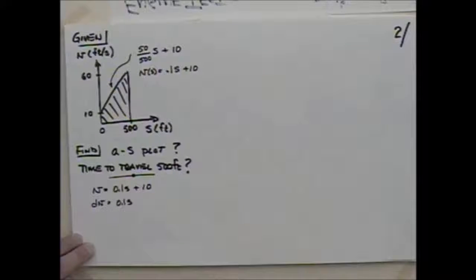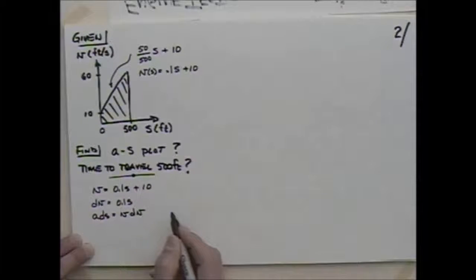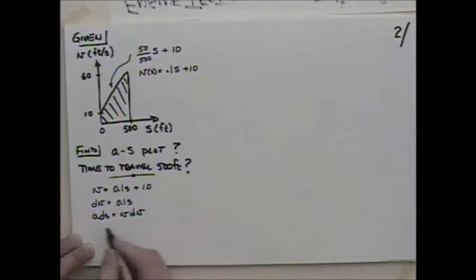And I now have dv, right? So if I go back and I look at our friend a ds is equal to v dv, I can put dv in there. So I've got a, and then ds. Let's see, do I have a value for ds?